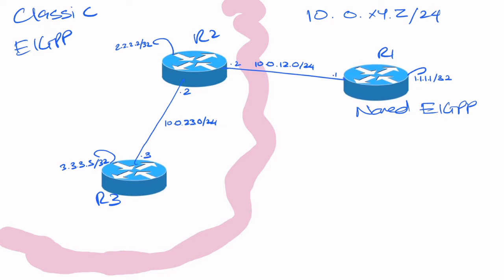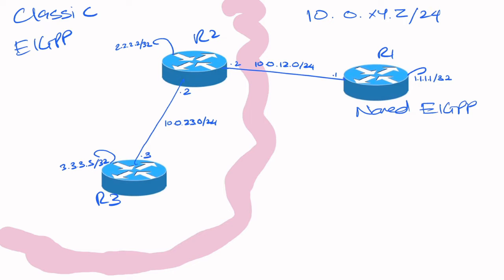We can see once we redistribute our connected interfaces, namely our loopbacks, into the EIGRP process, we're trying to keep it as simple as possible. We could have redistributed static routes or another routing protocol, maybe OSPF, but to get to the problem statement we're trying to figure out, it's simple to just have a loopback and redistribute it into our EIGRP process.